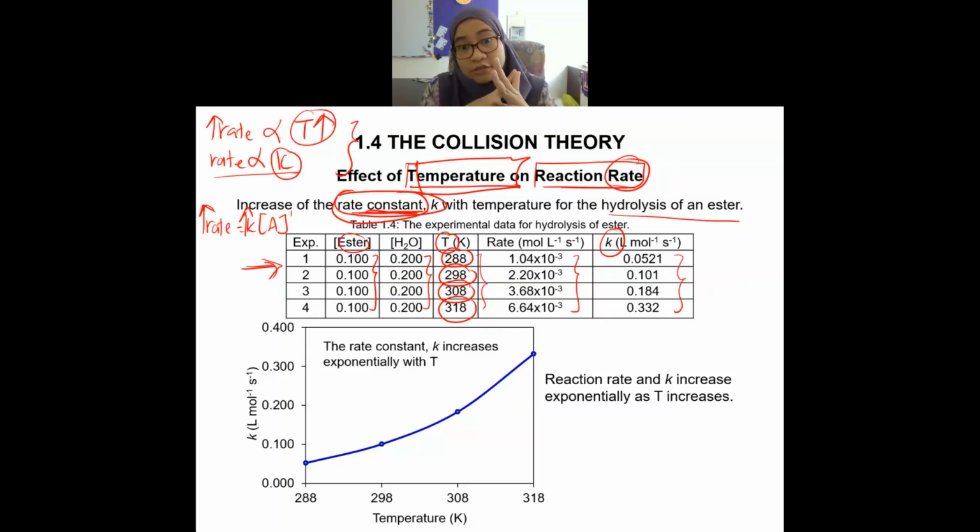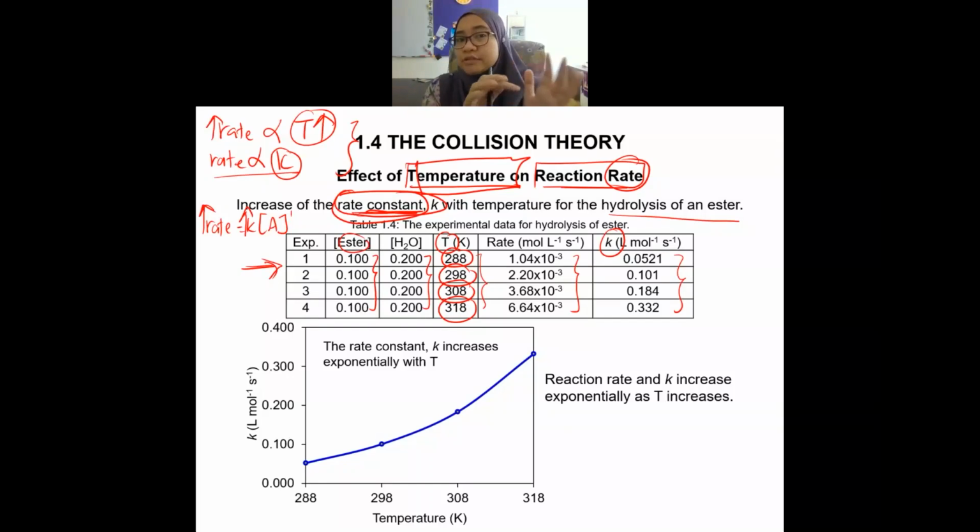Yes, they can affect the rate, but not the rate constant. Again, the only factor that can affect the rate constant, that means the value of rate constant will be changed, is if we vary the temperature. Okay, understand?